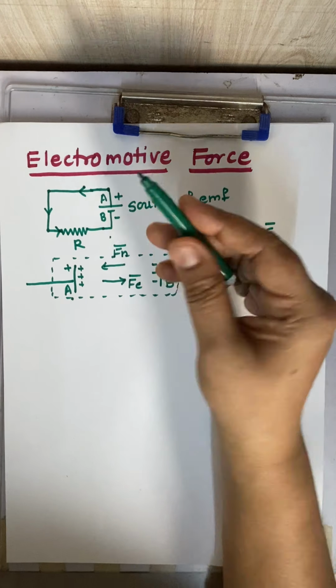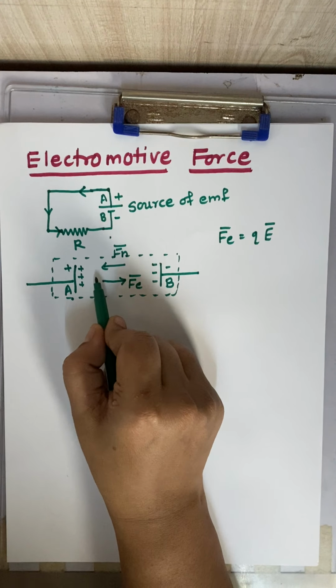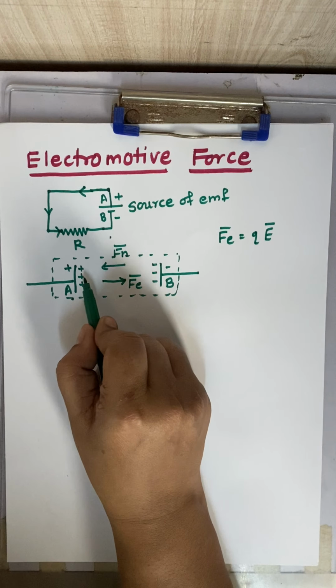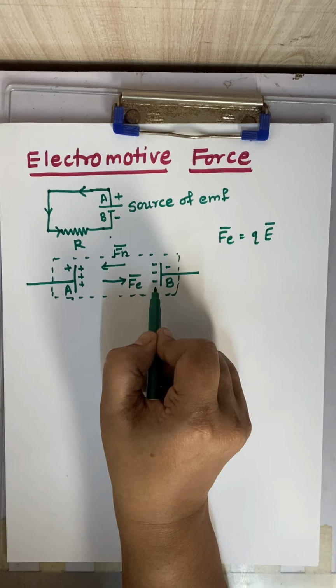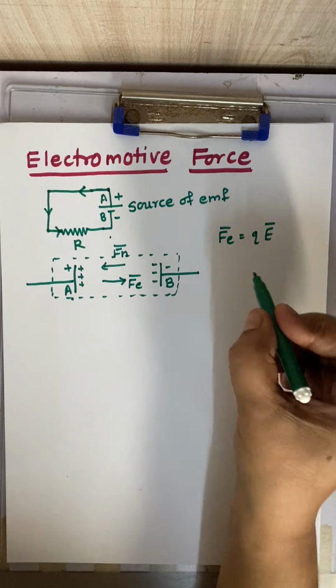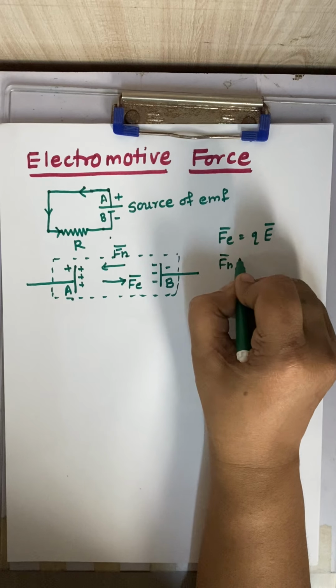Now what happened? The continuous flow of positive charges through the electrolyte continues and they settle on A, and negative charges settle on B. This process continues till Fn is equal to Fe.